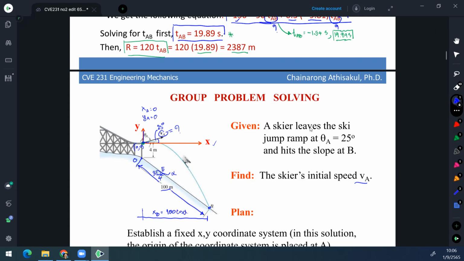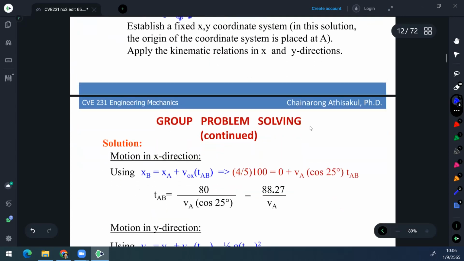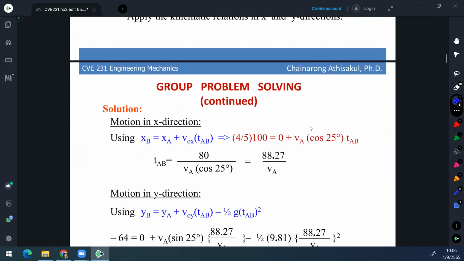And cosine alpha is 4/5. So XB becomes 80 meter. So we have XB equal to 4/5 times 100, that is 80.